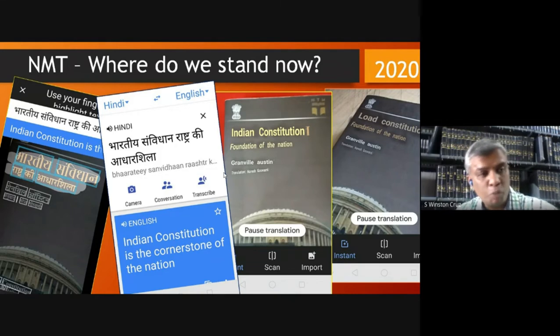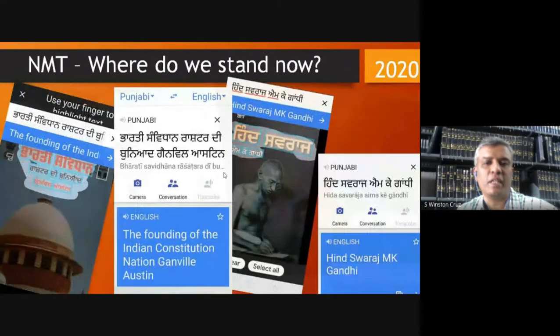If you have a board in another language, you can use some of these machine translators which use NMT, neural machine translation, and you can still work with it. It gives you a basic idea. NMT, when it was introduced in 2020, has come this far.